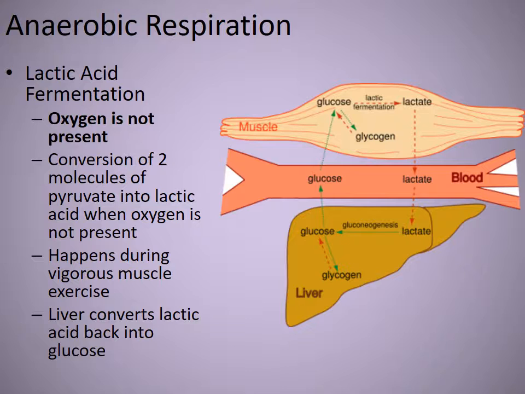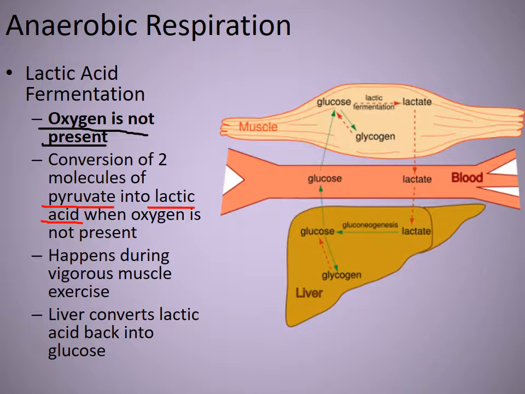So things to remember here: oxygen is not present. The pyruvate that was produced as a result of glycolysis will not travel into the mitochondria. Pyruvate will stay out in the cytoplasm and be converted to lactic acid or lactate. Again, this happens during vigorous muscle exercise.